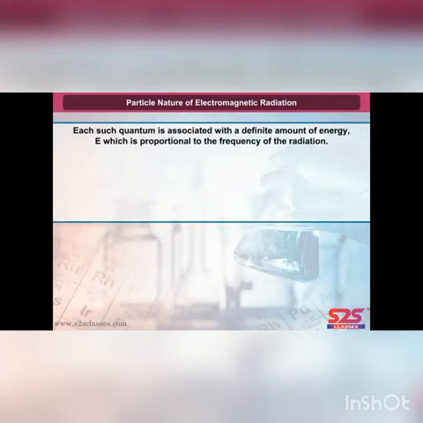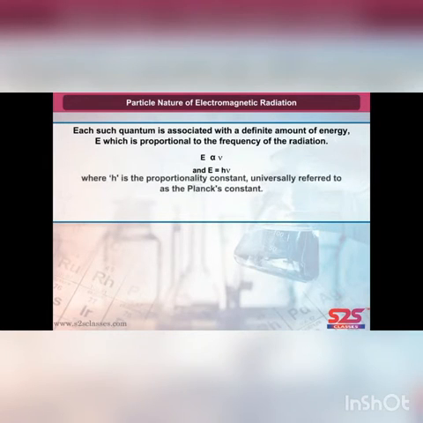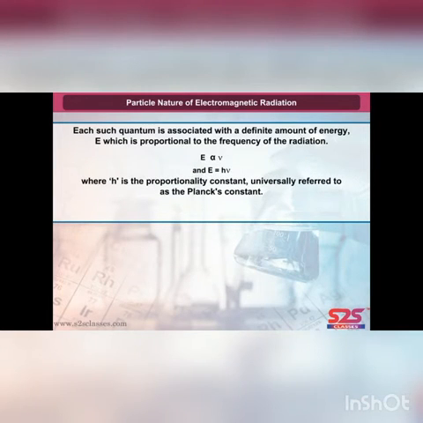Each such quantum is associated with a definite amount of energy, E, which is proportional to the frequency of the radiation. That is, E is proportional to nu, or E is equal to h nu, where h is the proportionality constant, universally referred to as the Planck's constant.